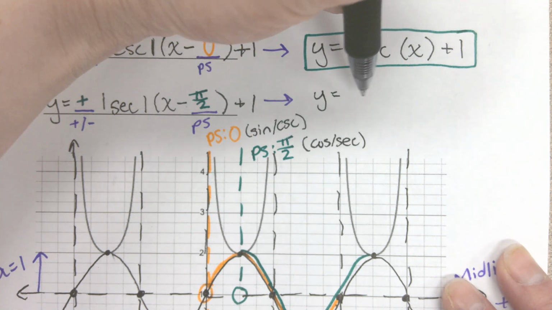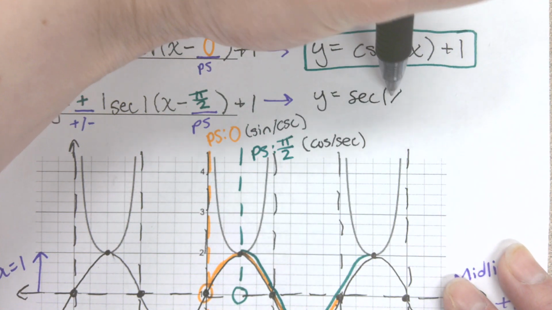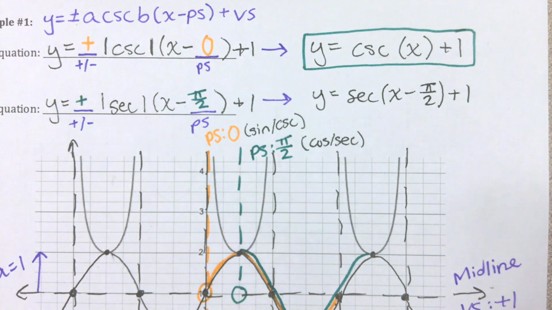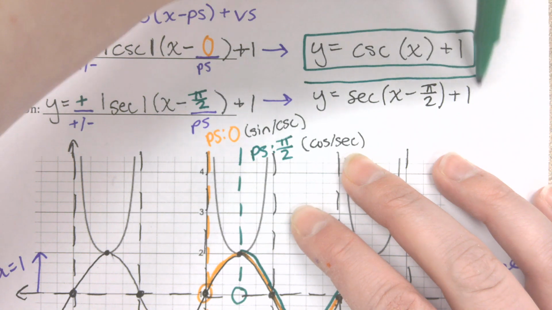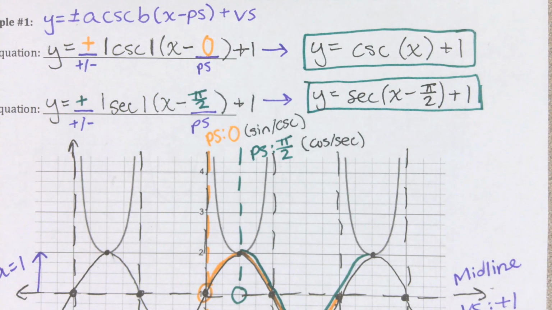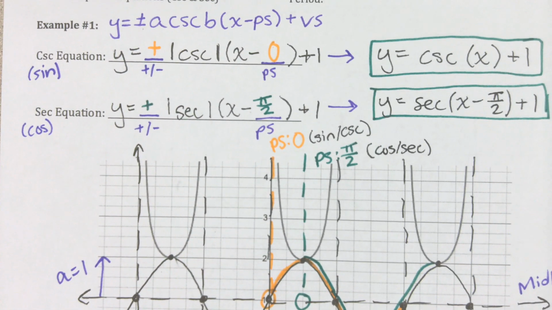We have y equals secant x minus pi over 2 plus 1. And those are your two equations. Questions on this problem here, either equation, any of the parts.